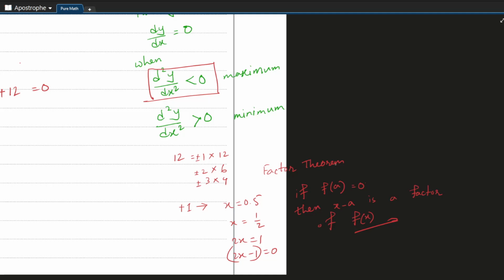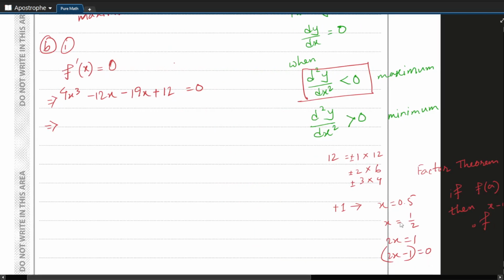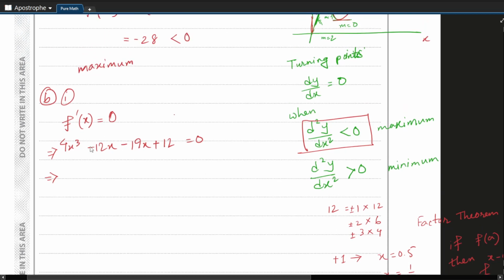That was the factor theorem. So we apply that here in order to get one of the factors.